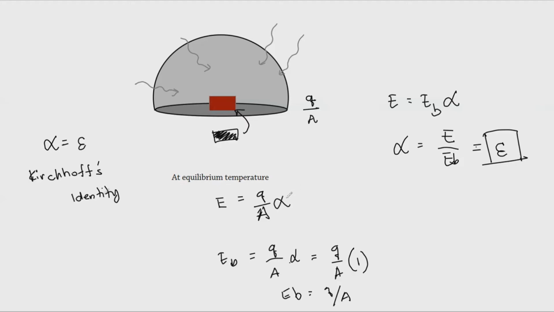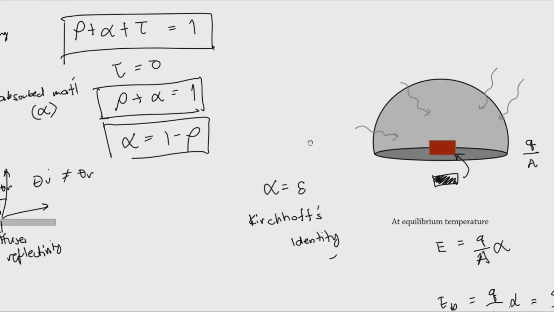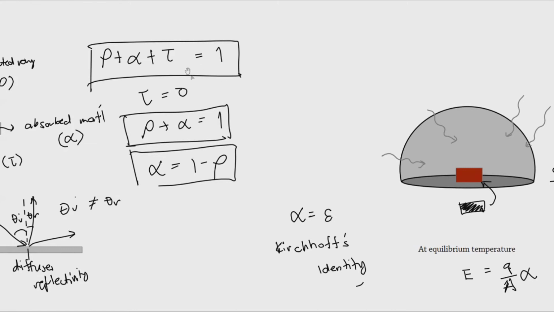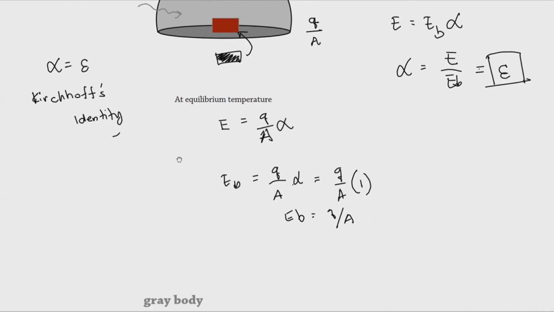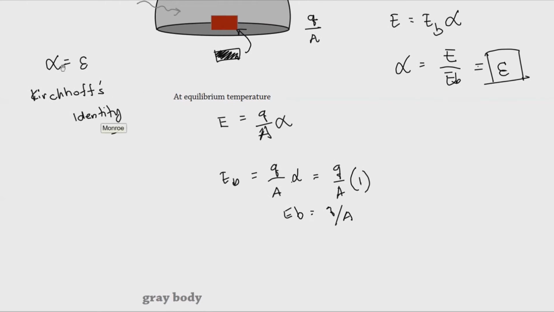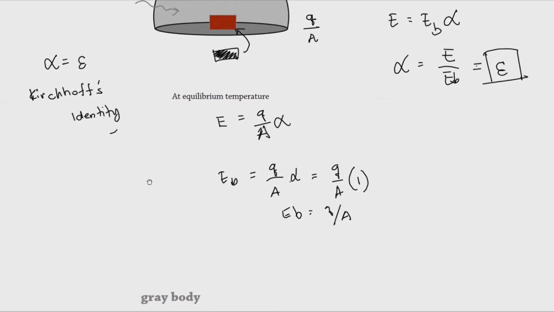So we have now actually three properties of radiation. The first one is that reflectivity, absorptivity, and transmittivity would equal 1, and that if we take Kirchhoff's identity, we could say that the absorptivity is equal to emissivity.